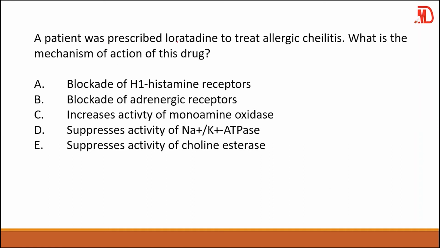A patient was prescribed loratadine. What group of drug is loratadine? Who can tell me? We did it in pharmacology. Antihistamine, or histamine inhibitors. Good. So this person was prescribed a histamine inhibitor to treat allergic rhinitis.